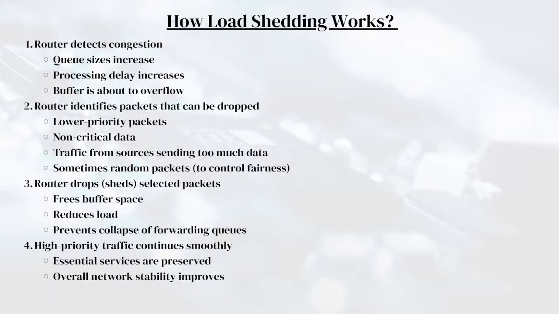When detected, it identifies the packets that can be dropped: those with low priority, non-critical data, traffic from a source sending too much data, and sometimes random packets. Then when the router drops or sheds the selected packets, it frees the buffer space, reduces the load, and prevents collapse of the forwarding queue.